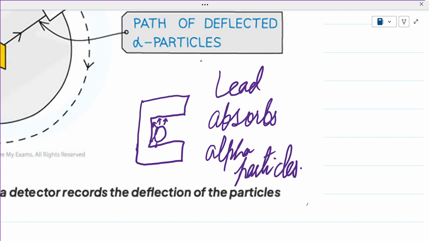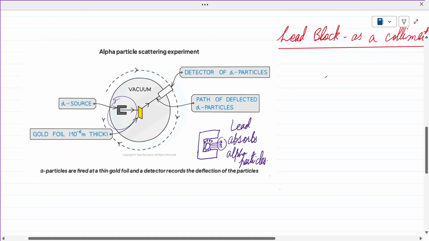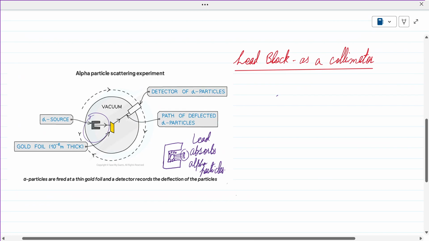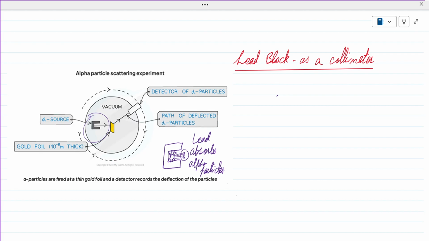So wherever the alpha particles are emitted, the other ways will be absorbed by the lead. Only the one path, this one, will not be absorbed by lead, so we will only use the part which is needed. Otherwise the other random paths will not be considered in the experiment. That's why we have placed the source of alpha particles in a lead block. As you have already done in O levels when you used a ray box, it is used as a ray box, but instead of light, we have alpha particles.